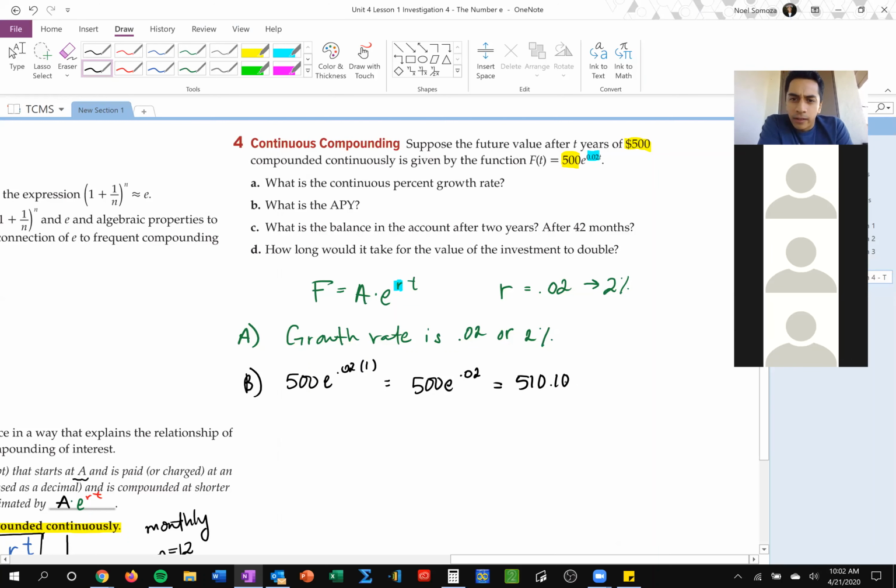So from there, what was our gain? If you went from 500 to 510, then really you only earned $10.10. And what was the percentage that you yielded? Well, it's $10.10 out of whatever initial amount you started with.